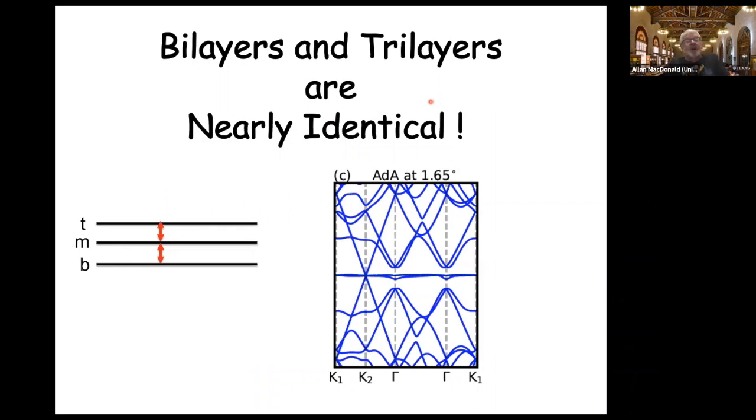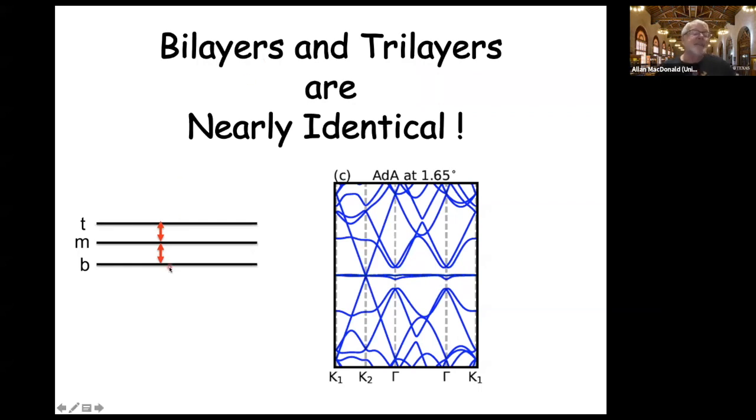Okay, so the first thing I want to say is that these trilayers are actually middle layer twist trilayers. And as emphasized first, I think, by Eslam Khalaf at Harvard and collaborators, these trilayers and bilayers are nearly identical in the following sense.